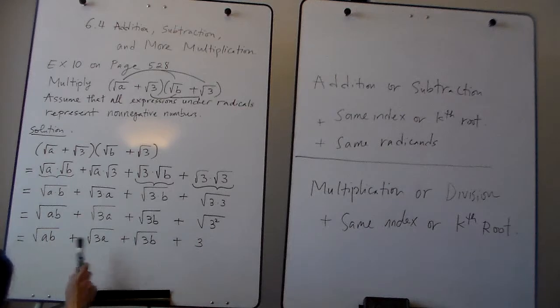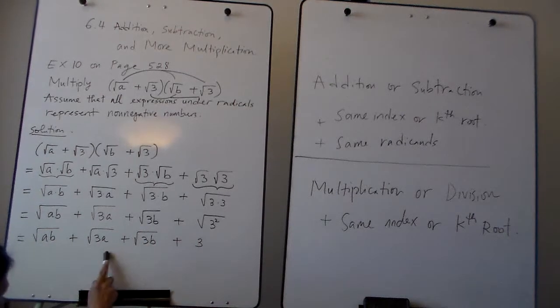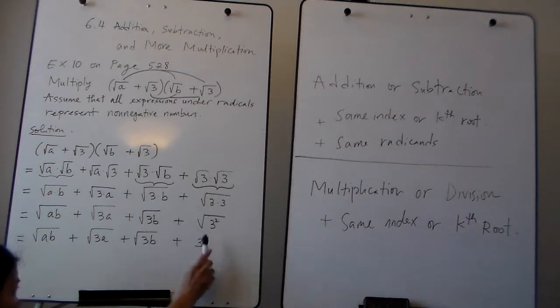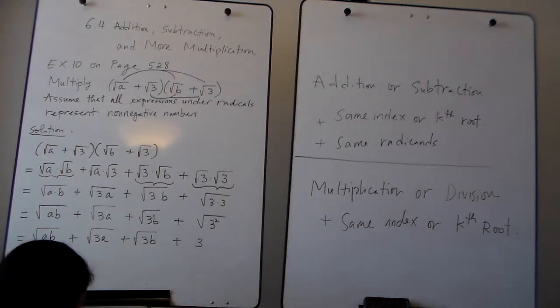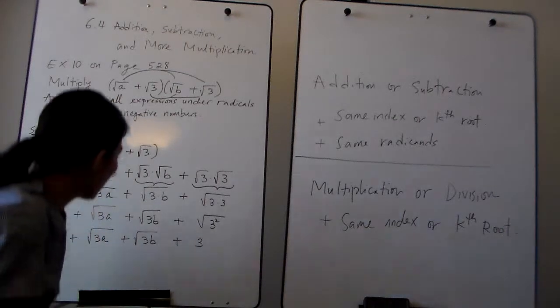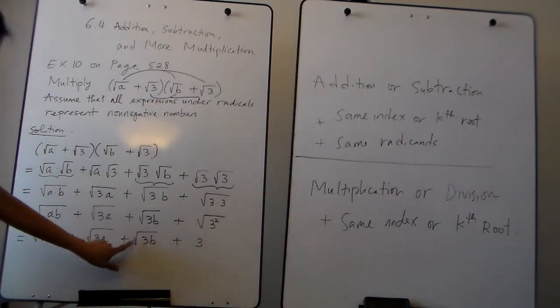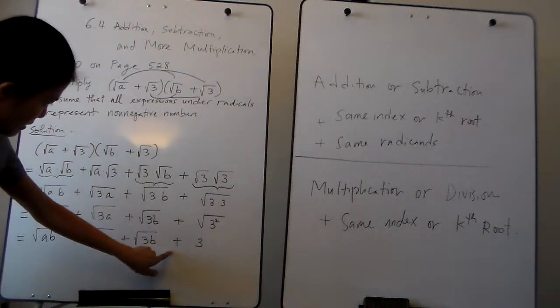And this constant term does not have a radical, which means it is a different term. They're not like terms. So these four terms cannot be simplified or combined any further. And that's when you're done. So the answer for example 10 is square root of a times b plus square root of 3a plus square root of 3b plus 3.